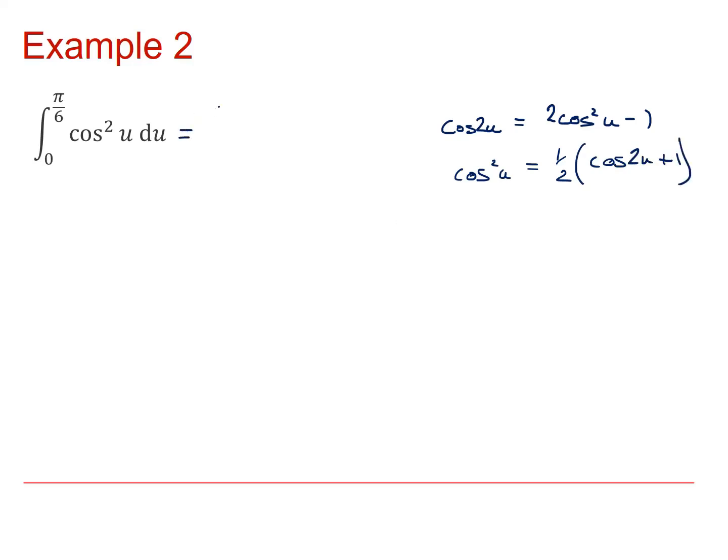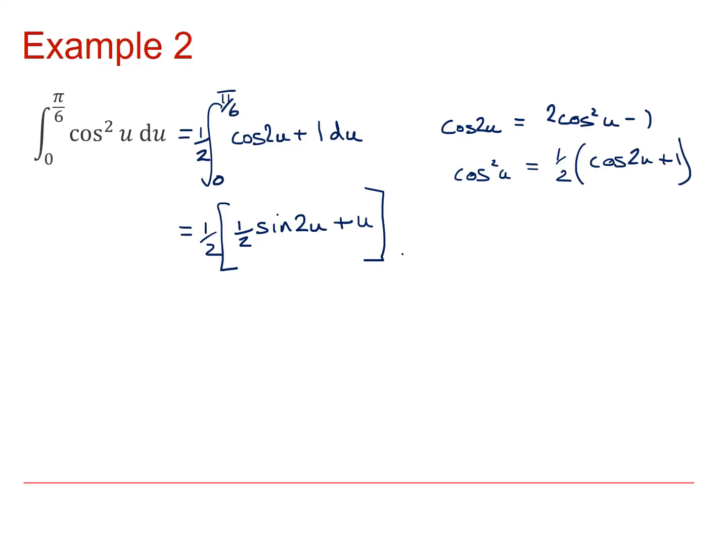Plug that in then, 0 to pi by 6 for the integral. The half I can pull outside, and I'm left with cos 2u plus 1 inside. If I integrate cos 2u, I'm going to get a half of sine 2u. Integrate 1, I just get u, and evaluate all of that between 0 and pi by 6.